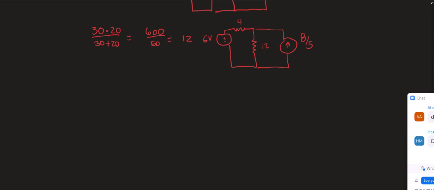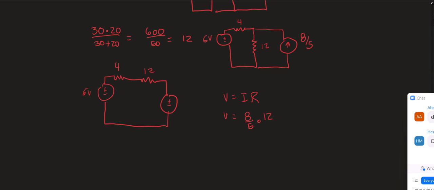We're going to change that to a voltage source and a resistor in series. So we'll have V equals IR. So I was 8/5 and the resistor was 12.